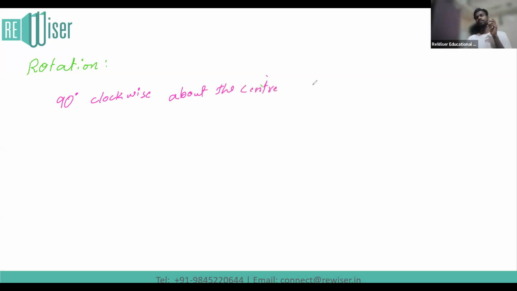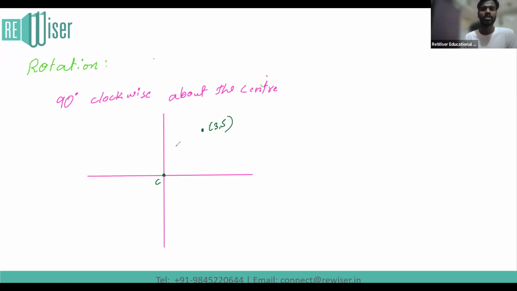The center is also very, very important here. For an example, let's say about the center 0, 0. Let's say C is the center. And we have a point which is 3, 5. Now we have to rotate this one, let's say 90 degrees clockwise.